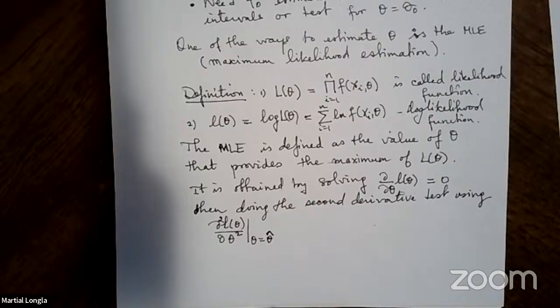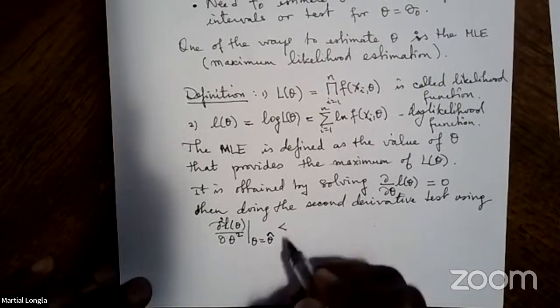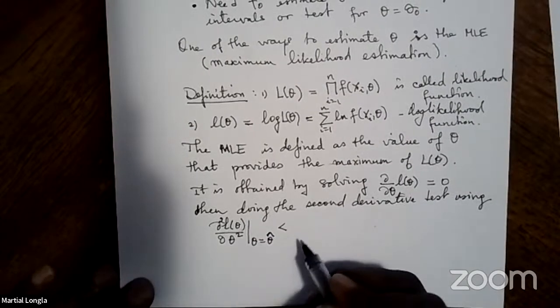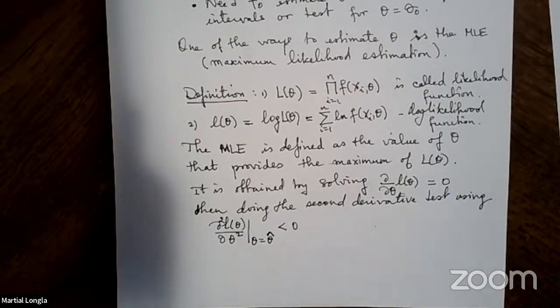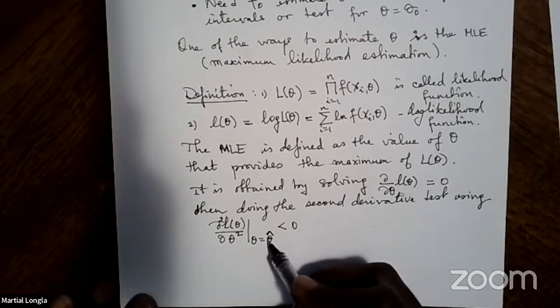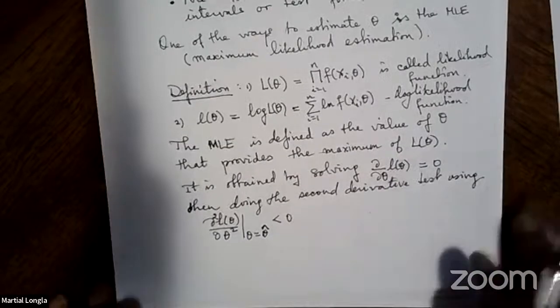And if you plug in here, you find that this thing is negative, then it being negative tells you that at the point theta hat, you have a maximum of the function.